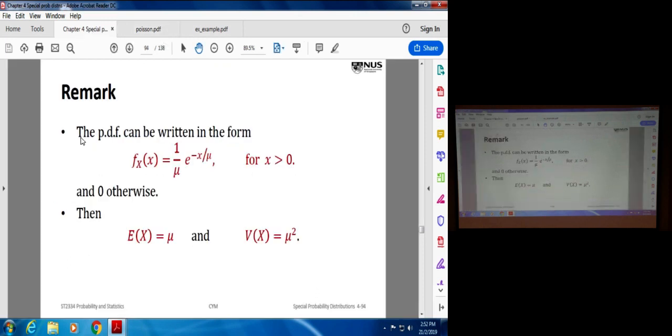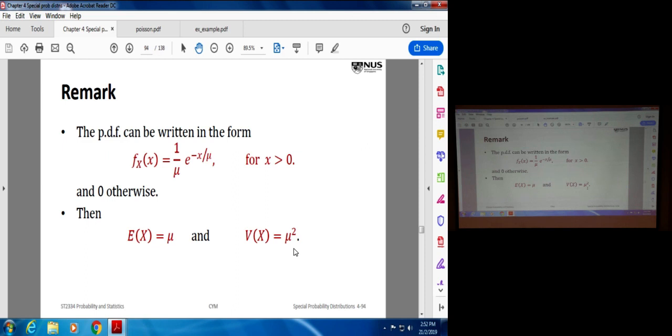Just a couple of remarks about this exponential distribution. If you make the substitution alpha equal to 1 over mu, you can write the PDF as 1 over mu e to the minus x over mu. In this case, the expectation is mu and the variance is mu squared.